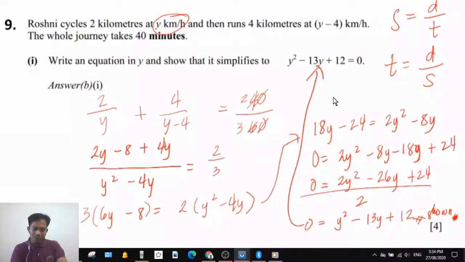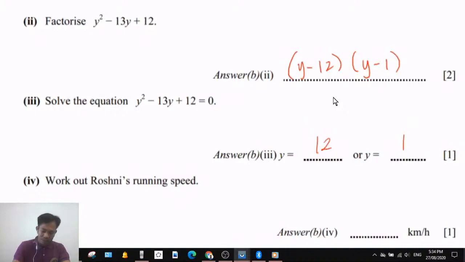Speed is equal to distance over time. The time is 40 minutes. Speed is equal to distance.